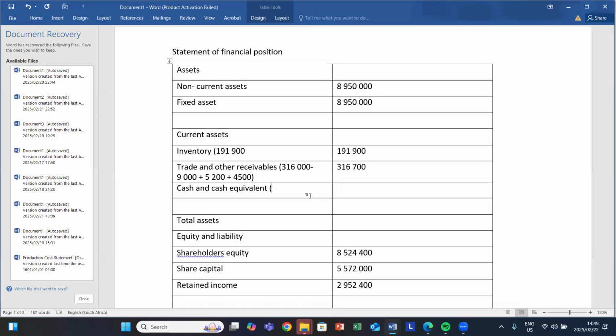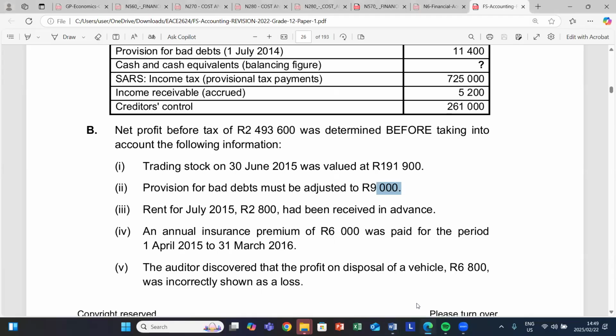Where are you going to find the fixed deposit? In your adjustments.